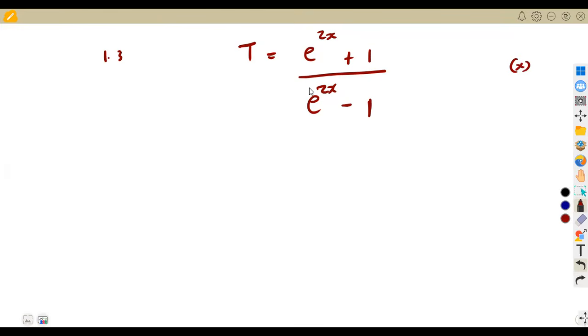We've got a fraction that we can consider clearing, where we can cross multiply to remove the fractions first. If you cross multiply, T is going to multiply every term on the denominator here, which is e to the exponent of 2x minus 1.